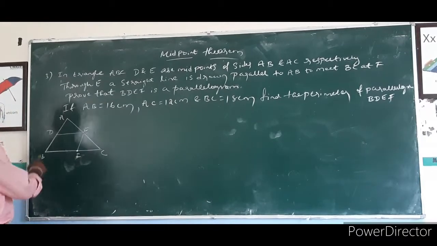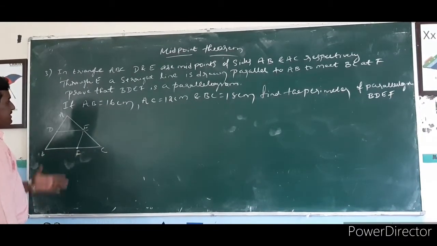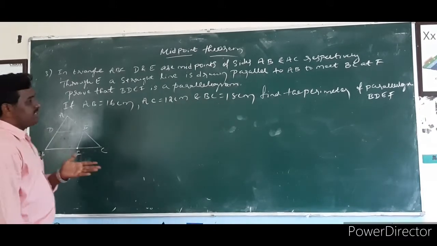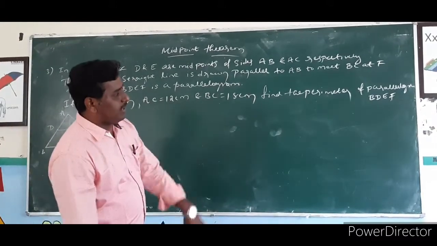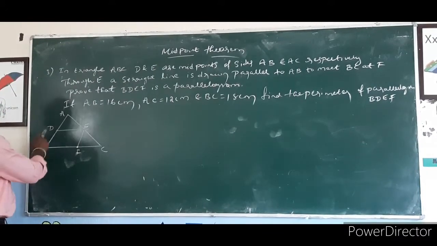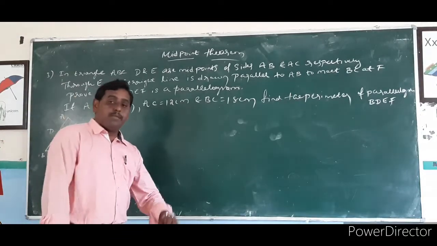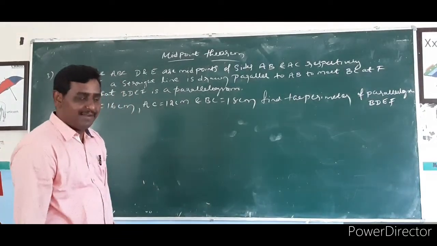Prove that BDEF is a parallelogram, and if AB is equal to 16, AC is equal to 12, BC is equal to 18, find the perimeter of the parallelogram. First we have to prove BDEF is a parallelogram. A parallelogram means opposite sides are parallel and equal.